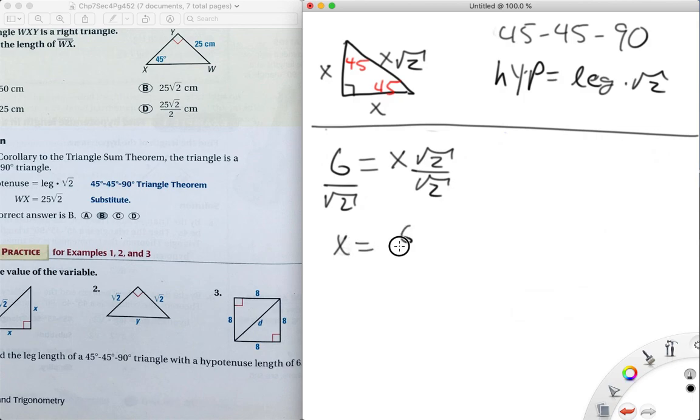Here's the thing about this. We don't consider it simplified if there is a radical in the denominator. This is not simplified. So in order to simplify it, we're going to multiply the top and bottom by the radical in the denominator. We do not like radical symbols in the denominator.